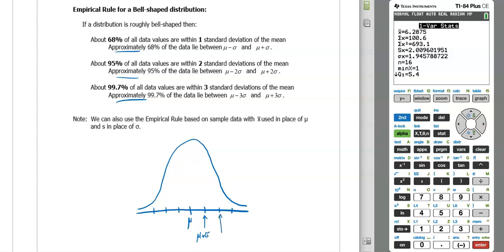So this is the mean after we add the standard deviation to it. And then if we add another standard deviation, so if we've added the standard deviation twice, we will get the next marking, and so forth. And it is the same coming on this negative side. If we subtract the standard deviation from the mean, so we go by one standard deviation to the left, we will have the mean minus the standard deviation. That will be the next marking. And that's how I'm going to label these increments.